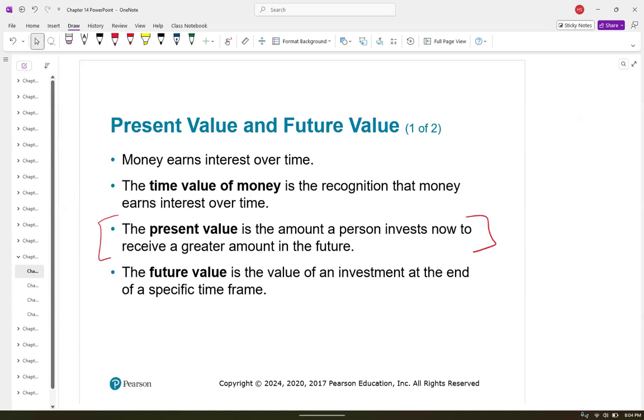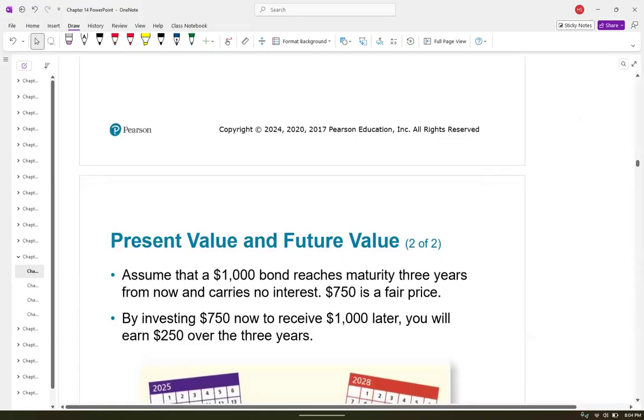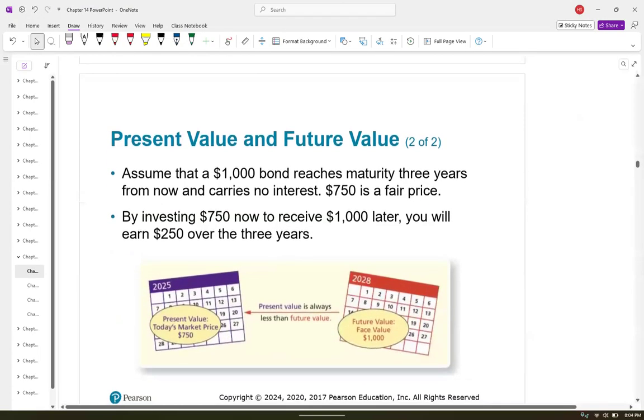Okay, all right. So let's look here. We are going to assume that we have a $1,000 bond that reaches its maturity 3 years from now and carries no interest, and $750 is a fair price. By investing $750 right now, we'll receive $1,000 later.